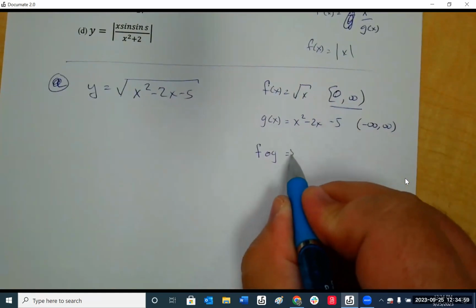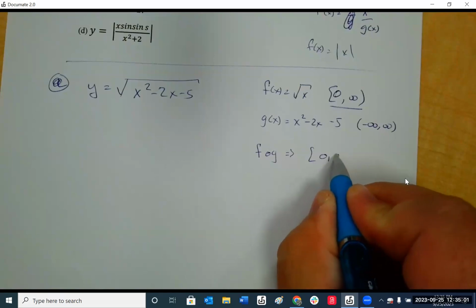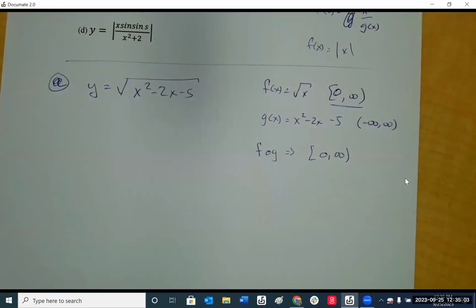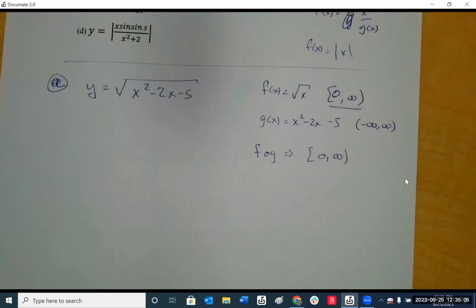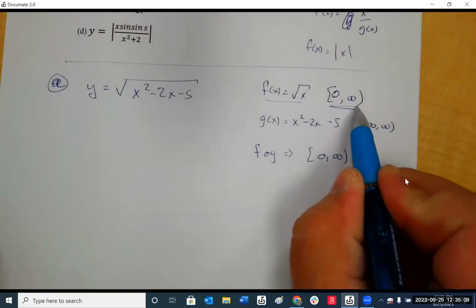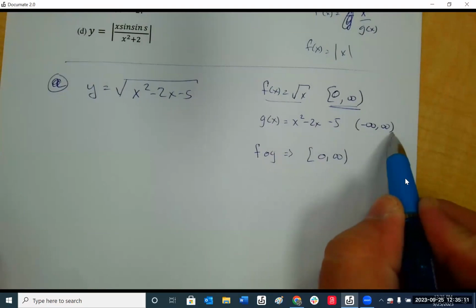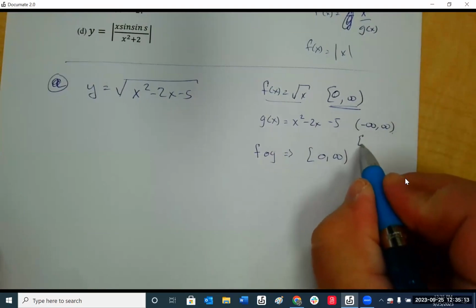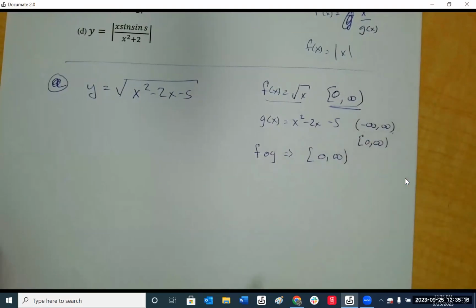On the domain, since this function is continuous on this domain, and this one's from negative infinity to positive infinity, then it has to be continuous on this.